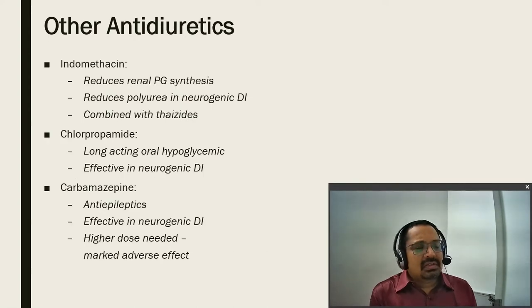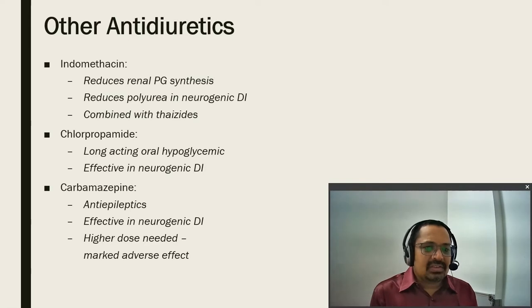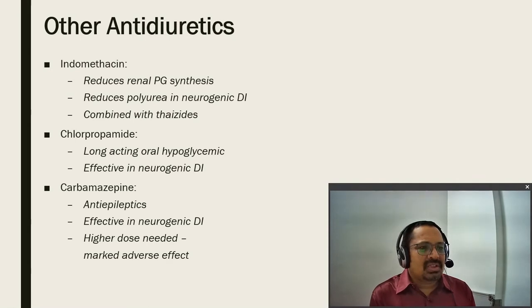And the last category, that is other drugs, the different kinds of drugs which are specifically used as antidiuretics by virtue of their other effects, not directly through their diuretic or antidiuretic effect. So the first one amongst them is indomethacin. It is an NSAID drug.